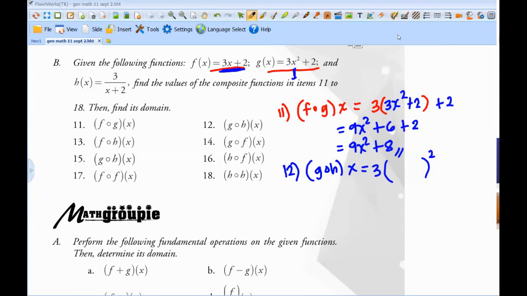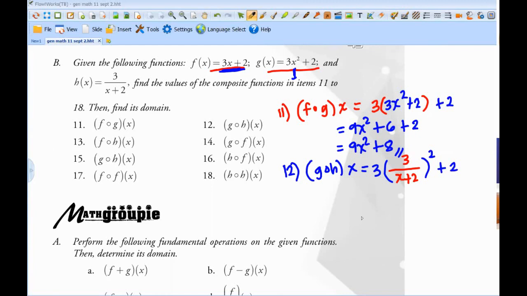So the value of your h is 3 over x plus 2. And then plus 2. Right? Because there is 3x squared.